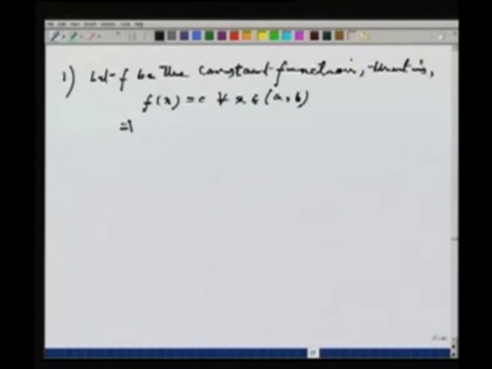This would certainly imply that f prime at x equals 0 for all x in the open interval a b. This we have observed from the definition of the derivative.